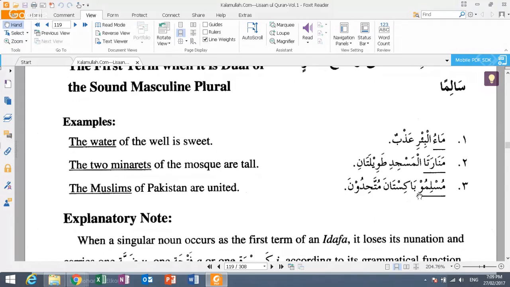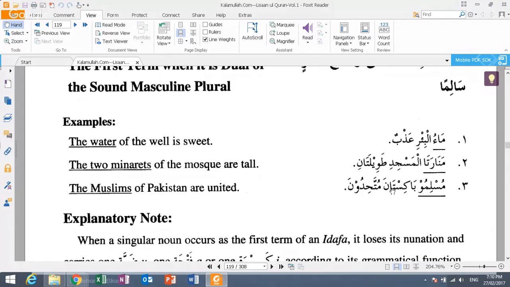Now here, Muslimu, actually for Jama, Muslimuna. Muslimuna is mudaf, Pakistan is mudaf ilayh. See, Pakistan is ghair munsarif again. Pakistan, na, not ni. Egypt, Misr. Pakistan, na. Afghanistan, na.